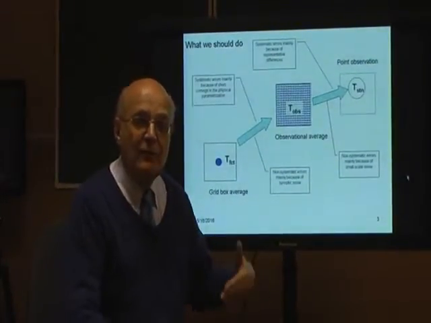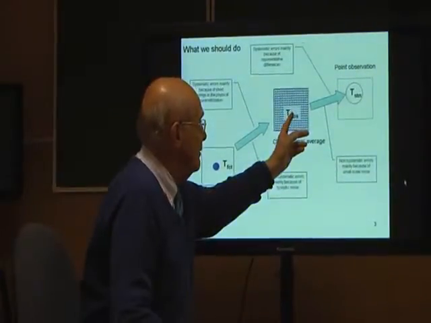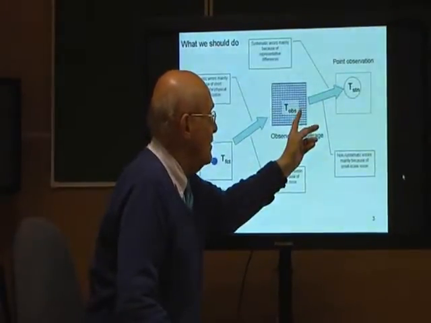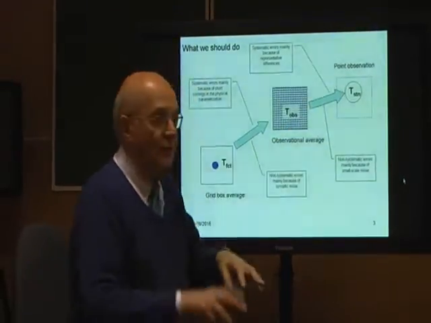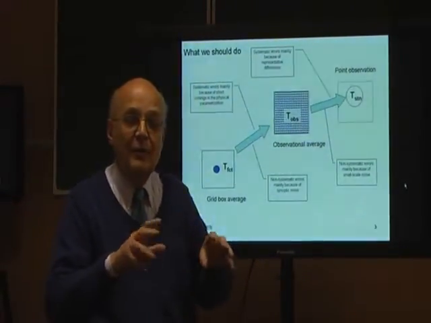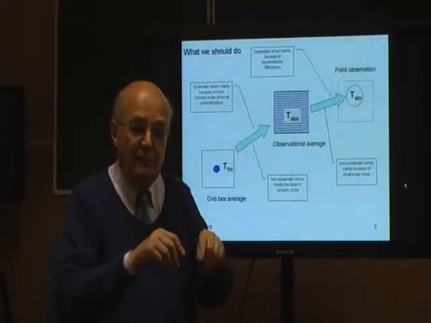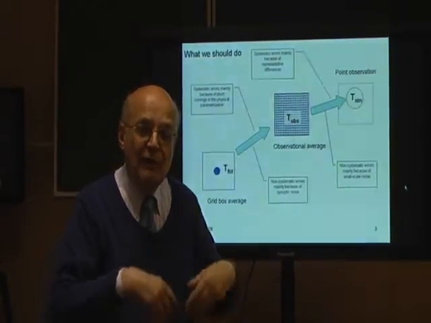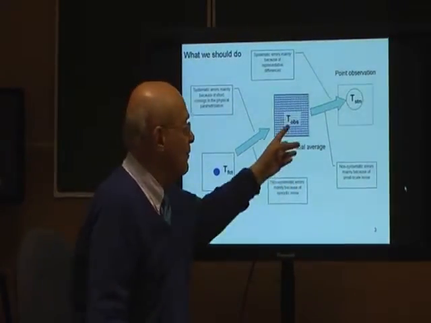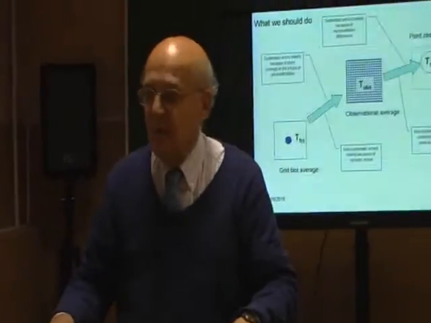That introduces non-systematic errors. And finally, between these two, the average of observations and one observation, there is also a source of small-scale subgrid variability, which means that it is not possible to resolve by the model, perhaps never will be, but it will still introduce differences between these two values on a non-systematic basis.